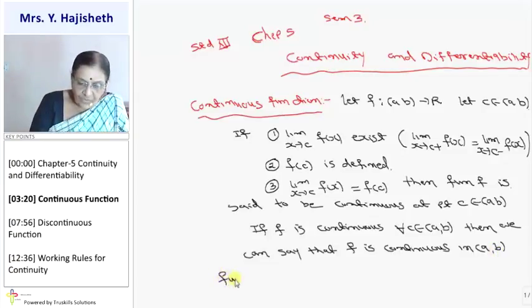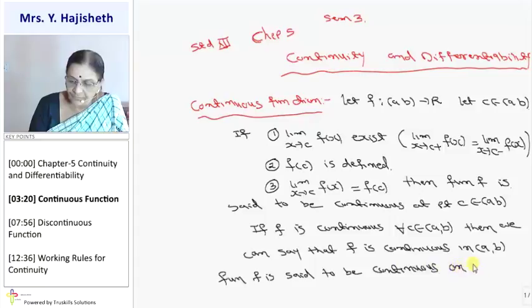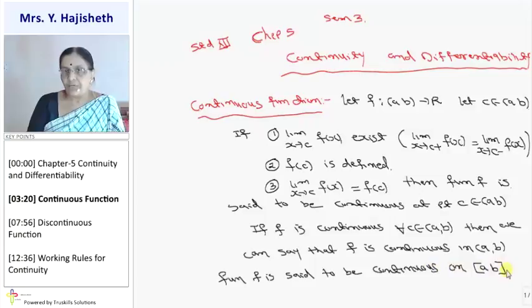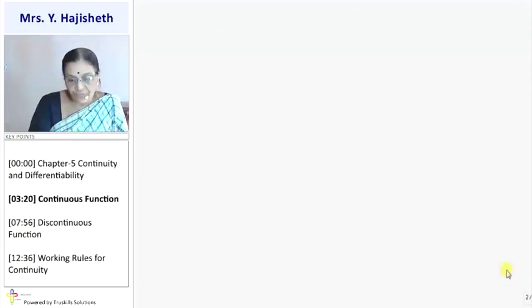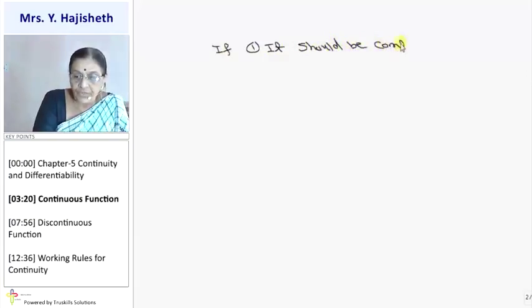Function f is said to be continuous on the closed interval [a, b] if, number 1, it should be continuous in the open interval (a, b).